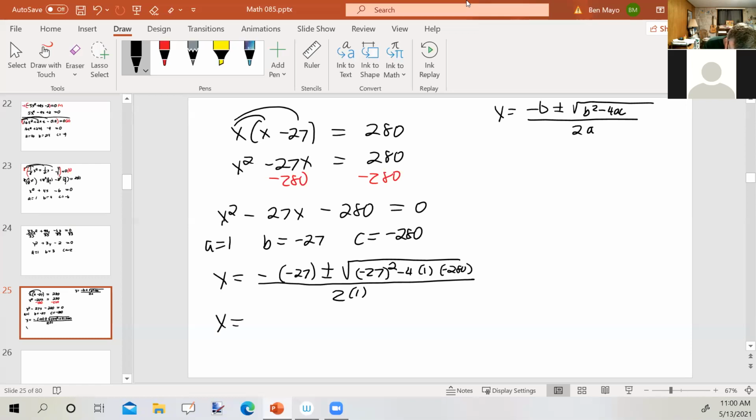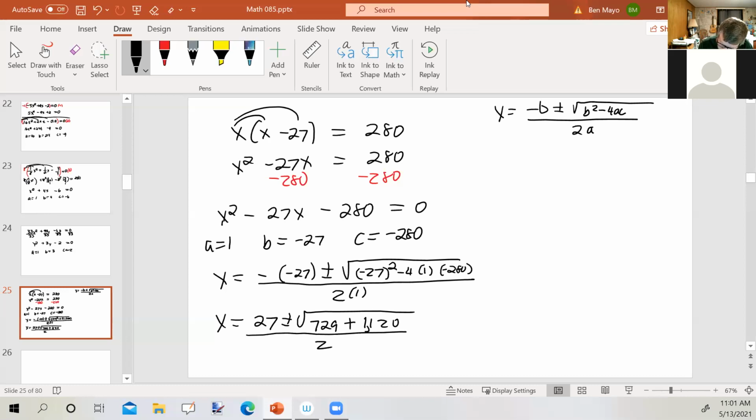So then we've got x is 27 plus or minus the square root of, let's see, negative 27 times negative 27 is going to be positive 729. And then minus 4 times 1 would be negative 4 times negative 280, which is going to be a plus. Let's see, 4 times 280 is 1120, all over 2 times 1, or 2.